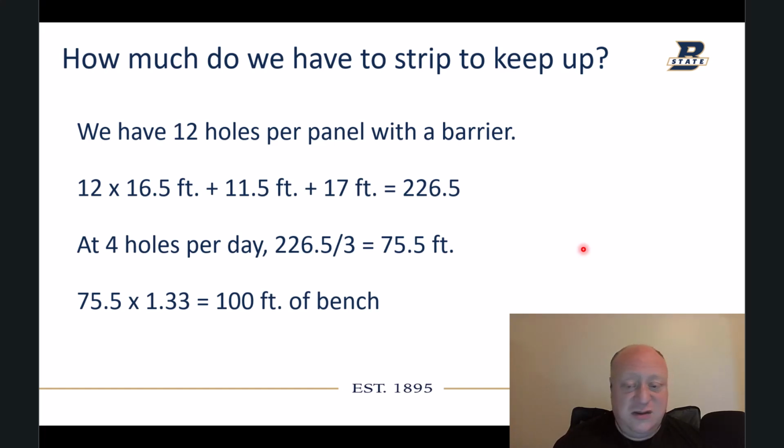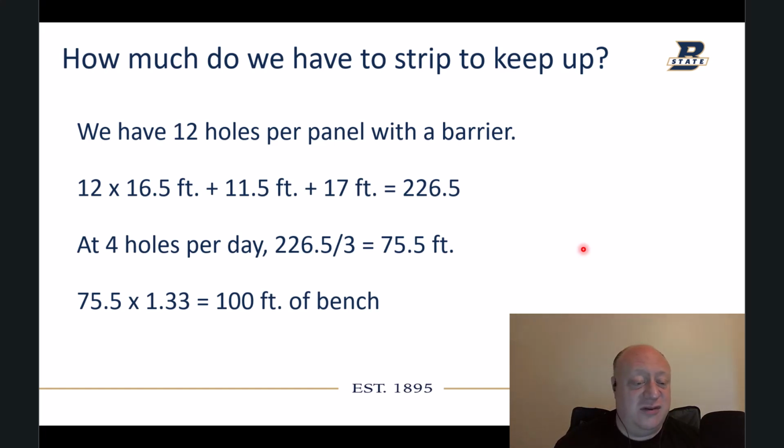But in this project, we said that we're going to mine 4 holes a day. I have 12 holes planned per panel with a barrier. We can easily calculate how wide that is. 12 times 16.5. I went ahead and just used the wider web pillar, the wider barrier of 17 feet. We have to add on 11.5 feet because those are center to center distances. And we get 226.5, right?